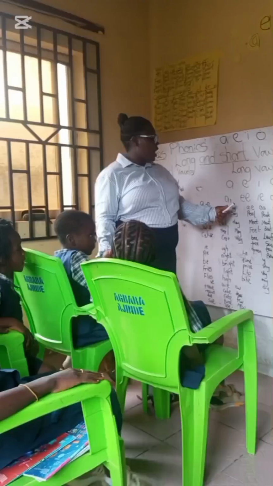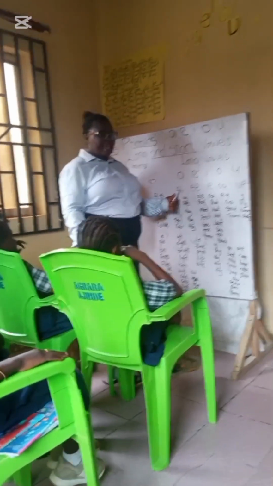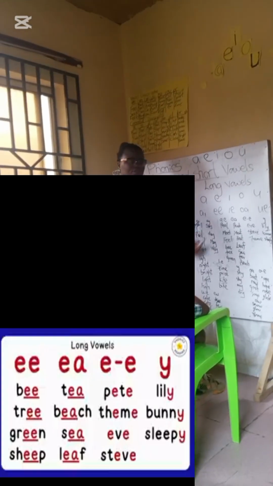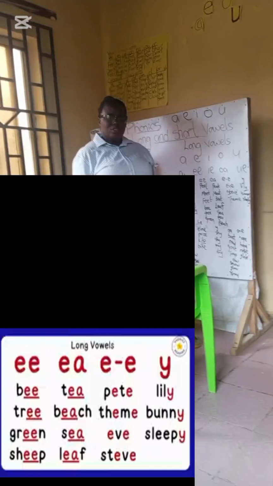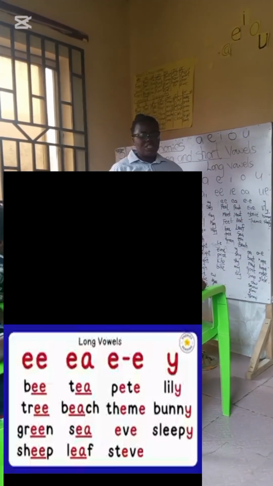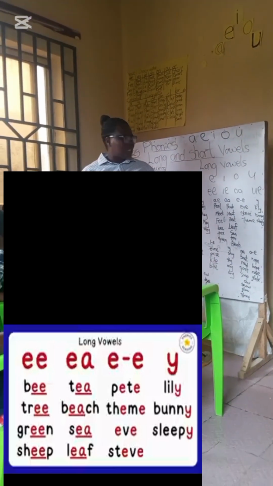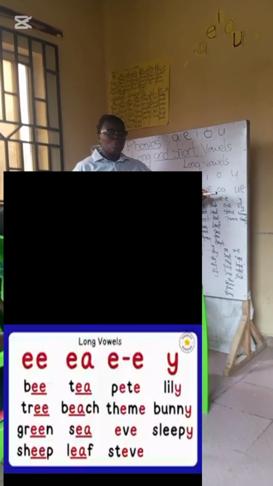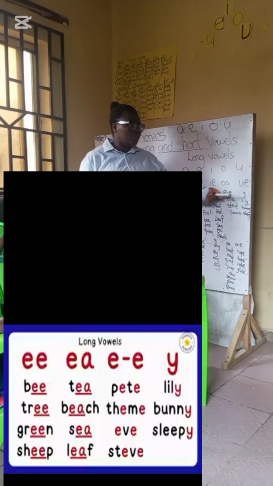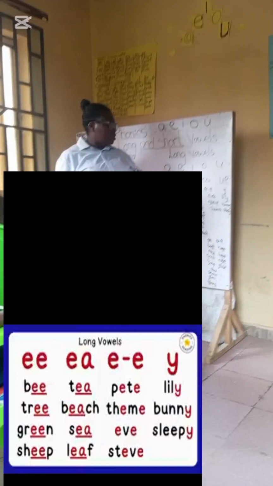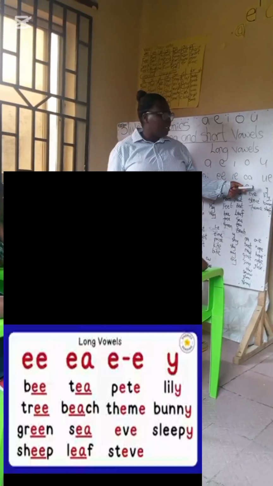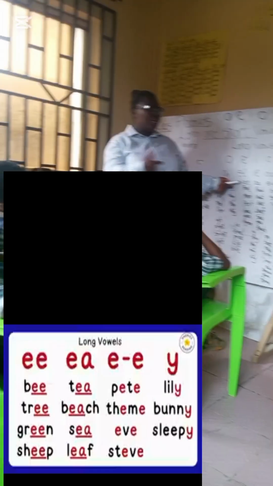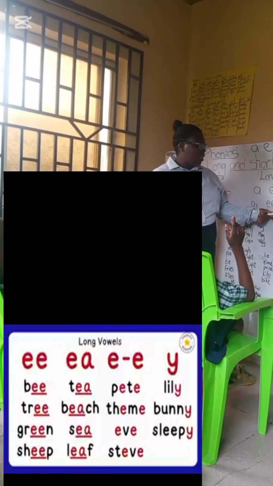So E could be E and E, it could be E and A, it could be E and E separately, and in some special cases, it could be Y. So you could hear the sound of your long vowel E in any of these: E, E, E, and Y. You remember your vowel diagram, we said E E sounds E.